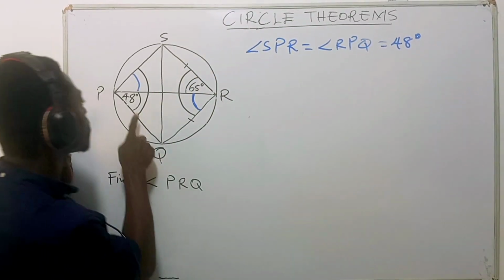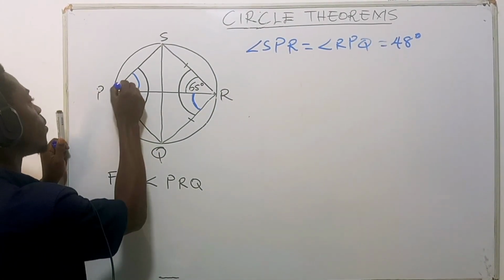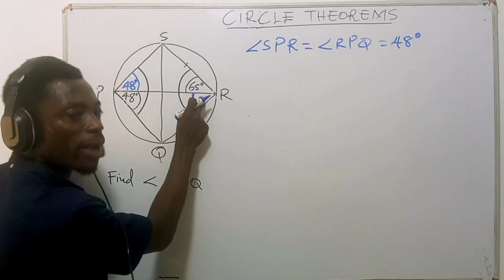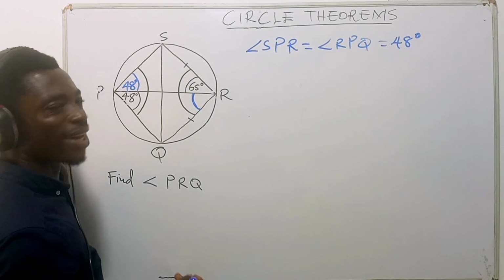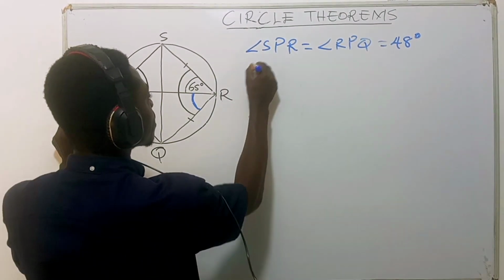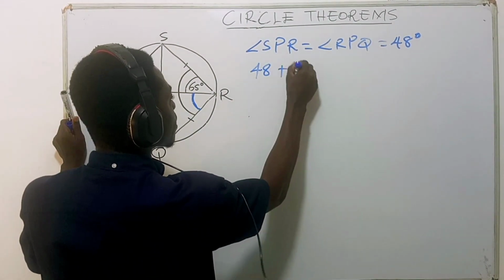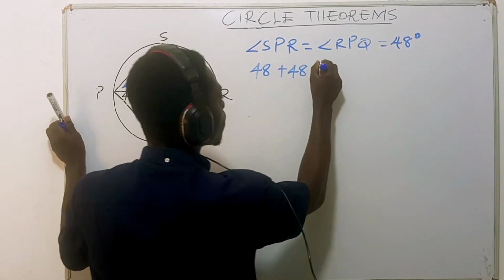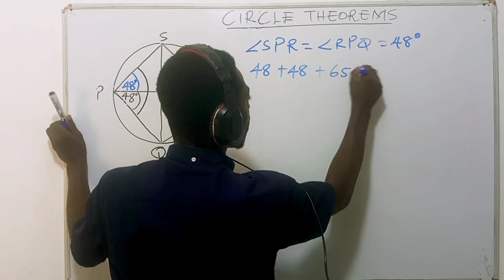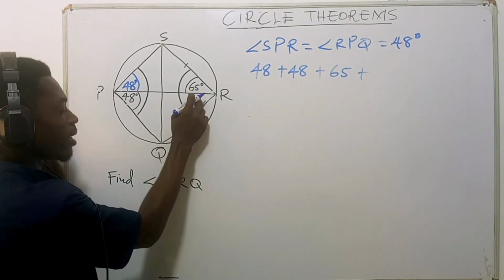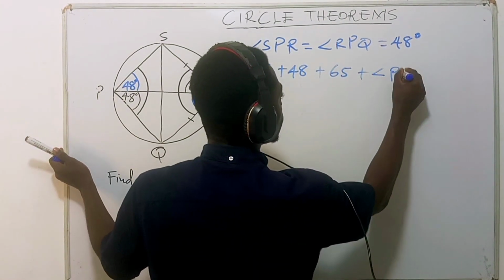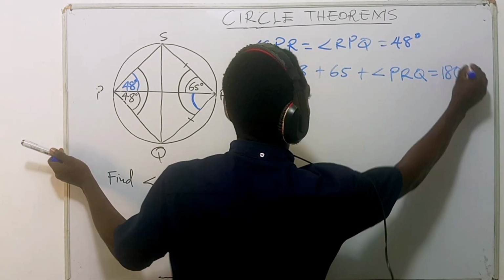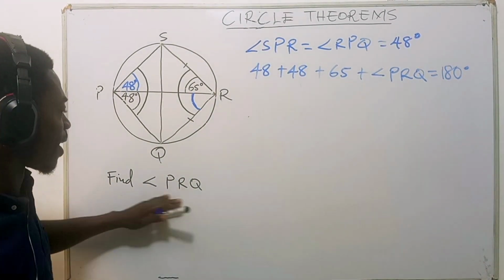So with that being said, it means that this angle over here, which is now known to be 48, plus this angle plus what we are looking for should give us 180 degrees. So right from here, we can just say 48 plus 48, so this plus this one, then plus this angle, which is 65, then plus the angle over here, which is angle PRQ, should give us 180 degrees. As simple as that. All right.